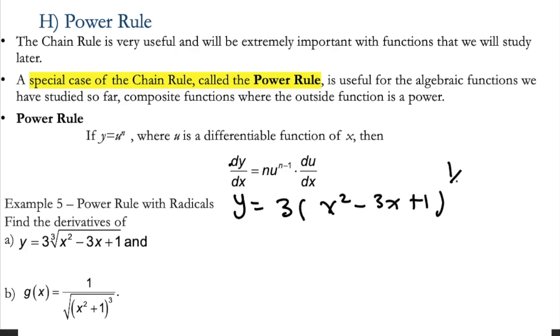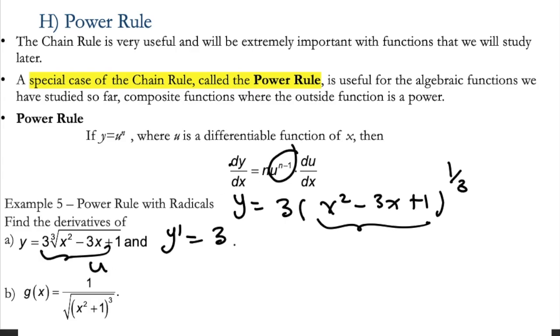Then it becomes to the power of 1/3, isn't it? So when you want to find y prime, 3 is a constant, keep it just like that. The whole thing here to the power of 1/3, then you can differentiate it using the power rule, like this. So this one here is u. So you differentiate u, constant stays the same.